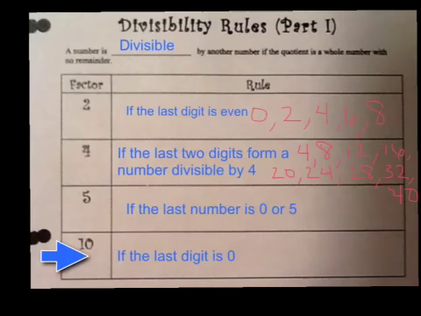If the last digit is 0, then the number is divisible by 10. Make sure that you have that filled out and you have your entire note sheet filled out. Remember, you can use this video and the note sheet as a reference as you work through your math problems.